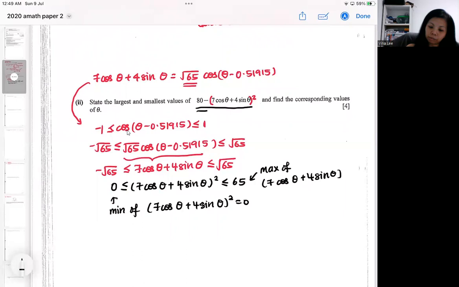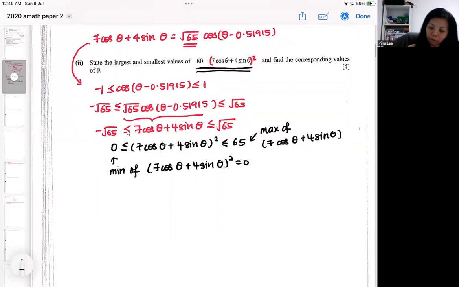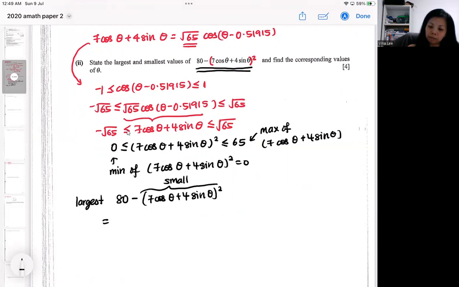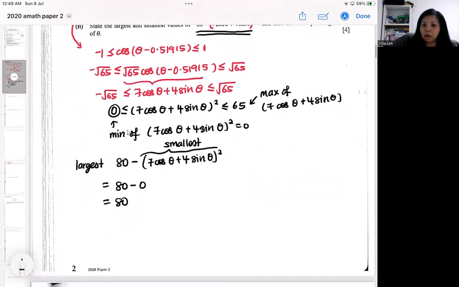If you look at the function, if I want the largest possible, then this must be as small as possible, and the smallest is actually a 0. So that is the largest.